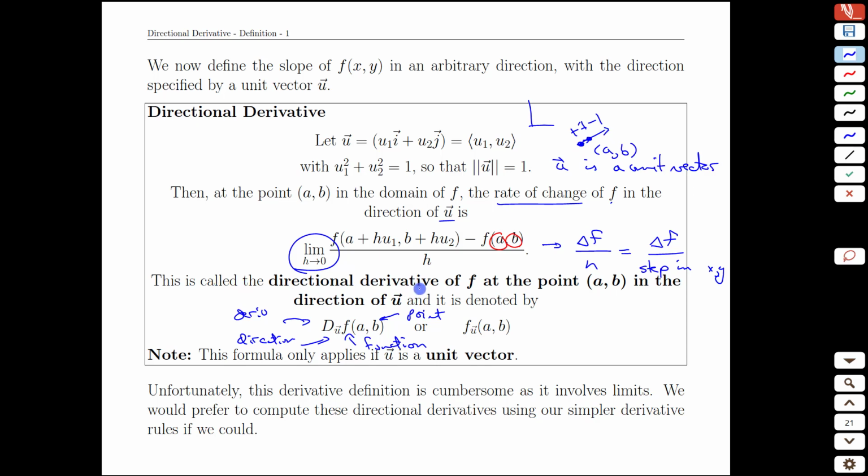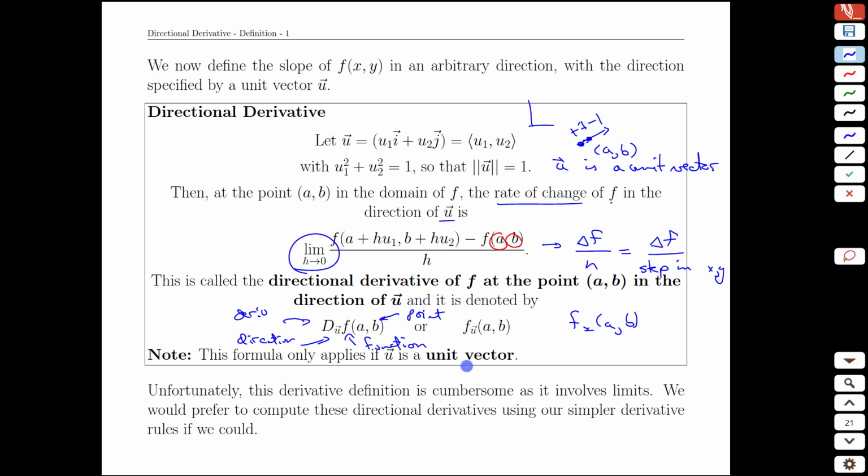Nomenclature-wise, this is what we call the directional derivative of our function f at the point (a, b) in the direction of u. It's sometimes notated with this capital D to indicate derivative. It's also sometimes notated in a way similar to our subscript x of (a, b), which would be the x direction derivative; you can just replace that x with a specific vector u.